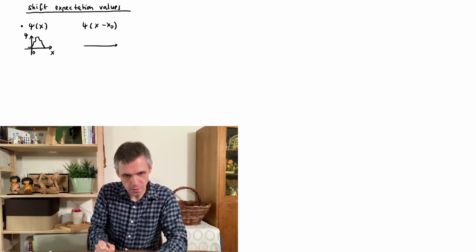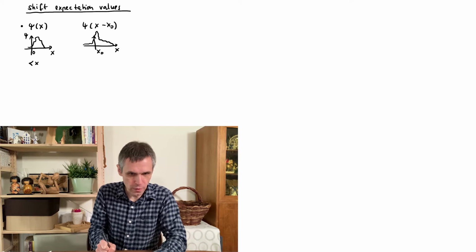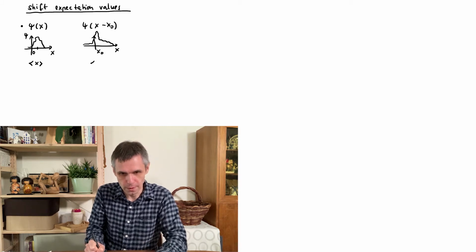So if this was 0, we now refer everything to the position x0. Then the corresponding expectation value, which sort of gives you an idea of the average position, should just be shifted as well, namely by x0.